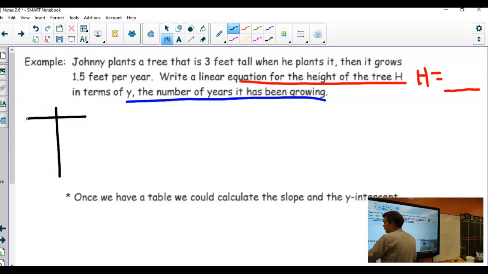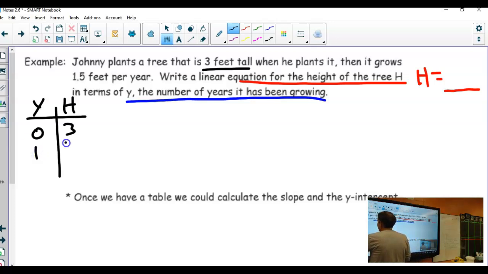You could make a table for this situation by making an XY table, except it's not XY, it is y and h, and just using logic to make this table. After 0 years of growing, when you first planted the tree, it was 3 feet tall. And then it grows 1.5 feet per year.